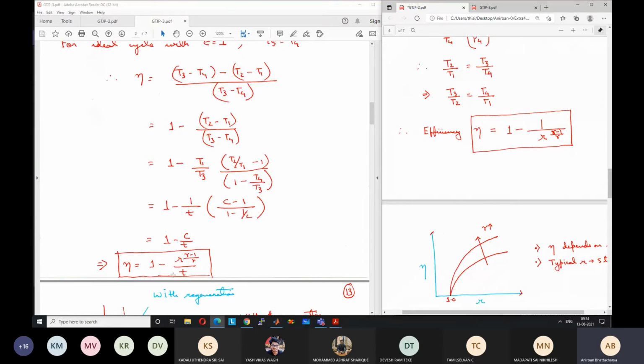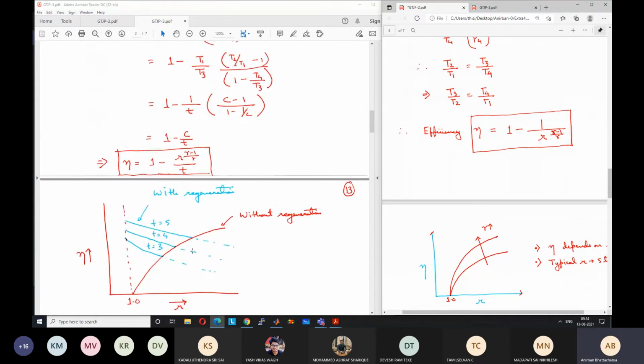So 1 minus this negative term will decrease. The efficiency will actually decrease with increasing pressure ratio, which is very different behavior, the totally opposite behavior as compared to simple Brayton cycle. In simple Brayton cycle, we have seen that with increasing R, the efficiency increases. In this case, with increasing R, the efficiency decreases. Okay, so for lower value of R, we have higher efficiency.